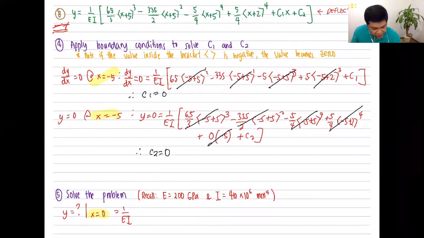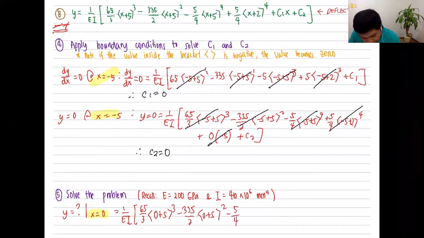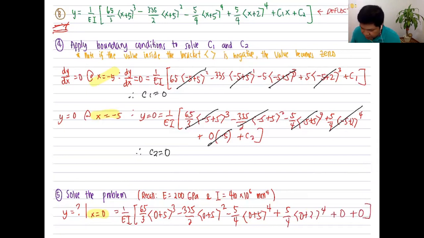So let's just substitute. This is just 65 over 3. I'll just copy everything but use x equals 0. So 0 plus 5 cubed minus 335 all over 2. 0 plus 5 squared minus 5 all over 4. 0 plus 5 to the fourth plus 5 all over 4. 0 plus 2 to the fourth plus C1 x, but that's 0, and C2.